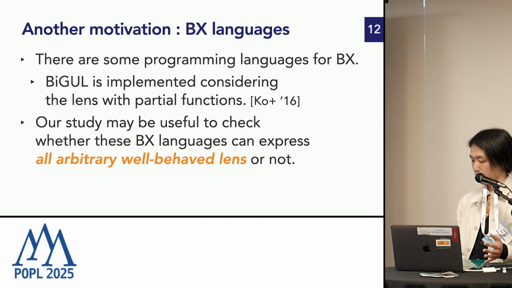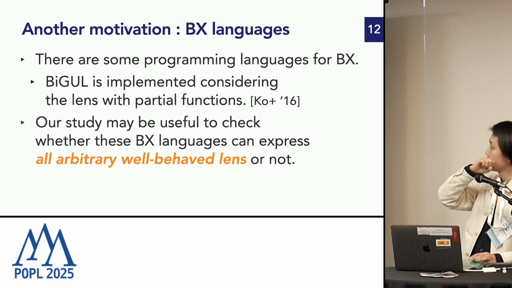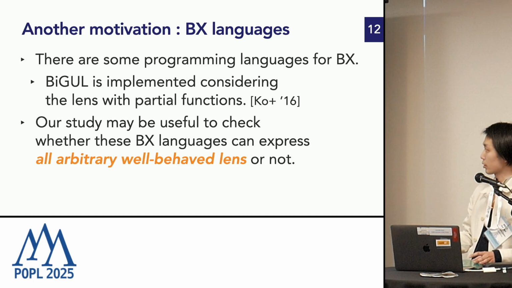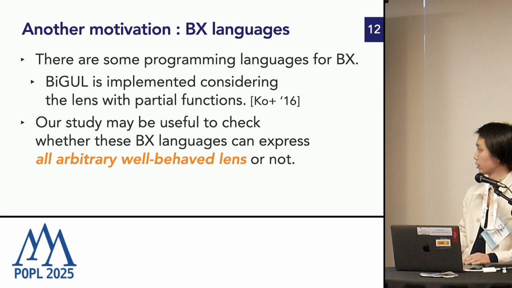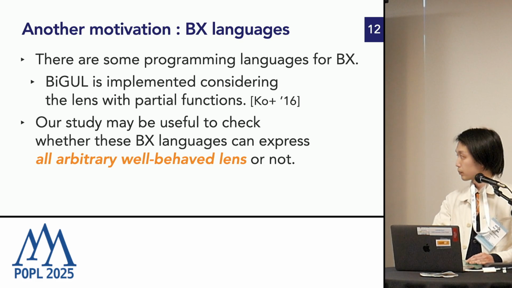Some lenses may be partial to cover all verified lenses. Yes, because they're arbitrary functions, so you can have the problem. And of course, for real applications, they try to make it total and all that.